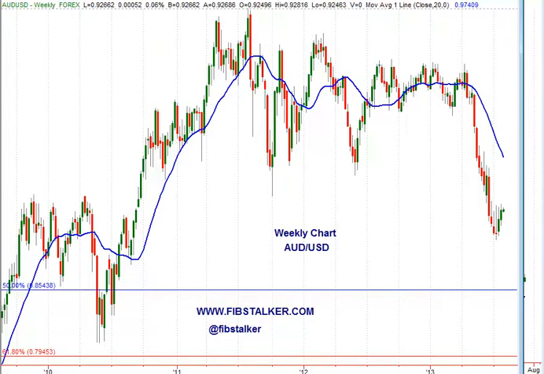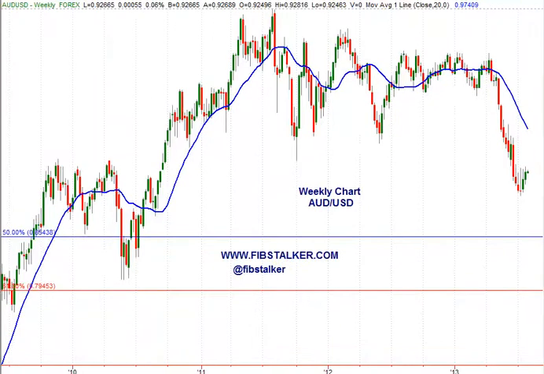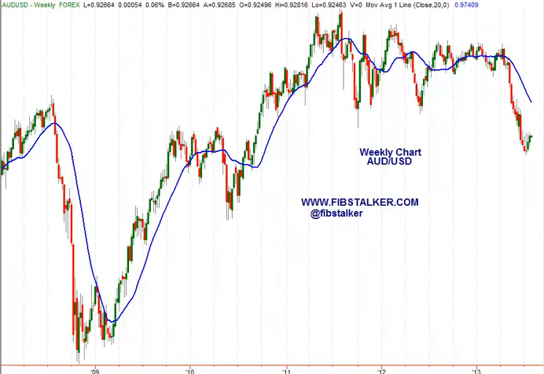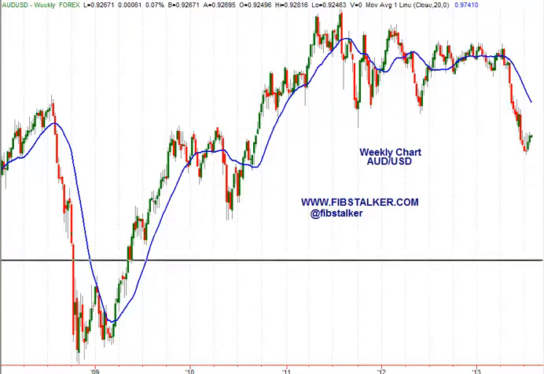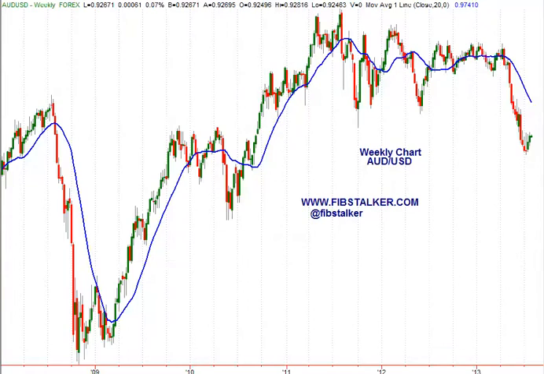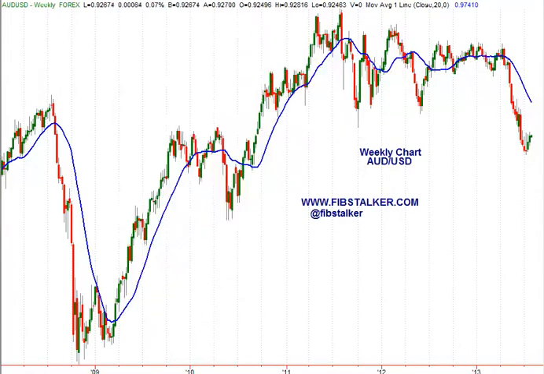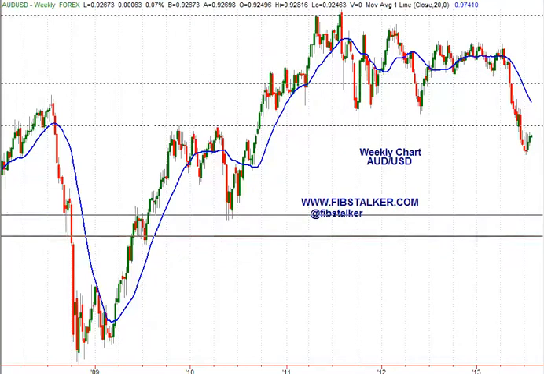As you know, I believe that this pair is in big trouble, and the reason for this, I'm going to show it once again, is because we had a sequence of a measure move here, and actually this was an extension, and we had price support in the long term at the 81 in 2010.